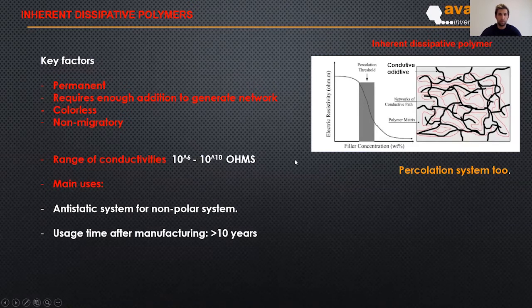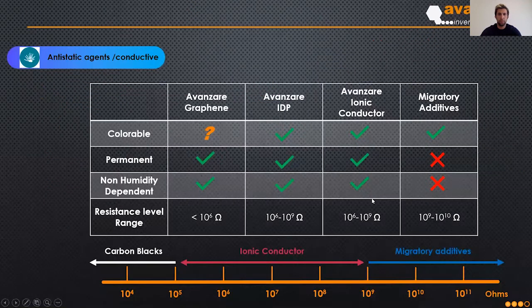The range of conductivity of the majority of them is between 10^6 and 10^10. What is the main use of this kind of technology? Mainly non-polar systems, polymers in which the use of an ionic conductor directly is not possible. But at the end, it's a percolation system too.